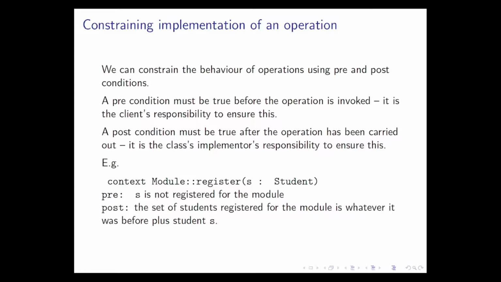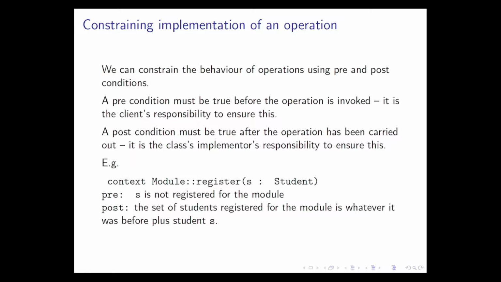I forget whether you have already in this course. Anyway, we've got an operation register of a class Module, let's say, and register takes an object which we'll call S of class Student. The precondition is supposed to be that the student is not already registered for the module, and the postcondition is that the set of students registered for the module is whatever it was before plus student S.